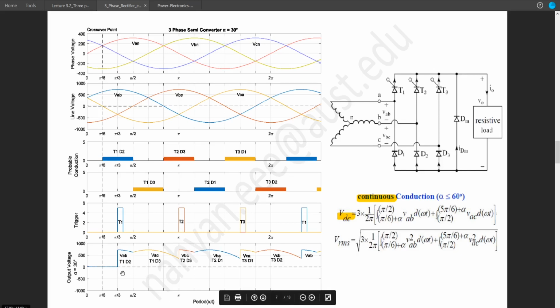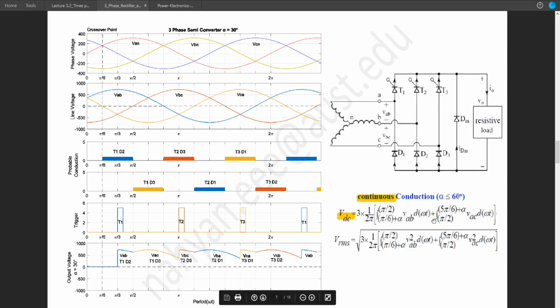So the first limit will be 30 degree plus alpha. In this case, alpha equal 30, so 30 plus 30 means 60. So the starting point will be 60 degree, and the ending point of VAB is 90 degree. So in this case, 60 degree to 90 degree for VAB plus the area of this waveform. This waveform of VAC is starting from pi by 2 or 90 degree, and it ends at 180 degree.